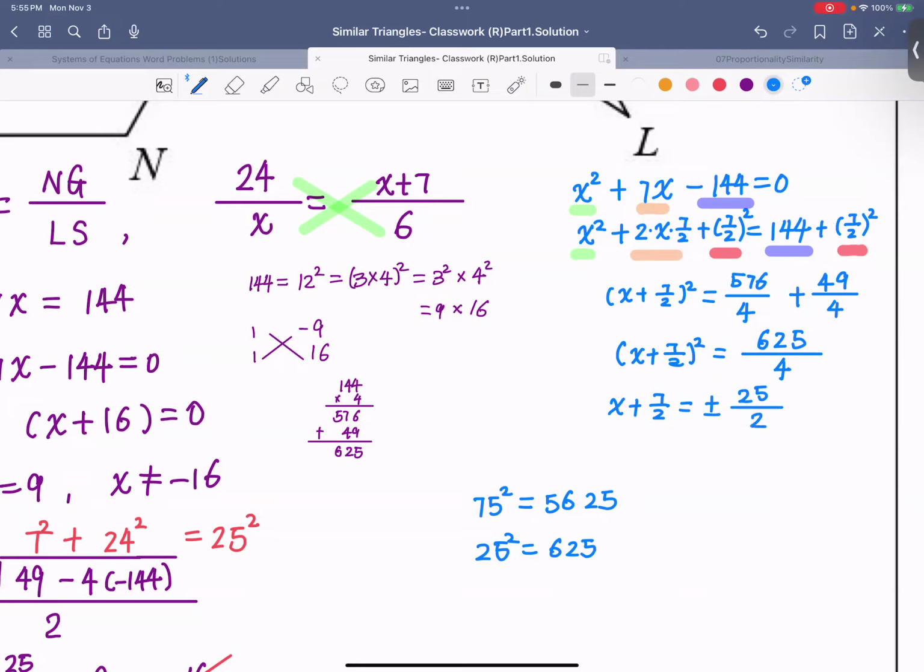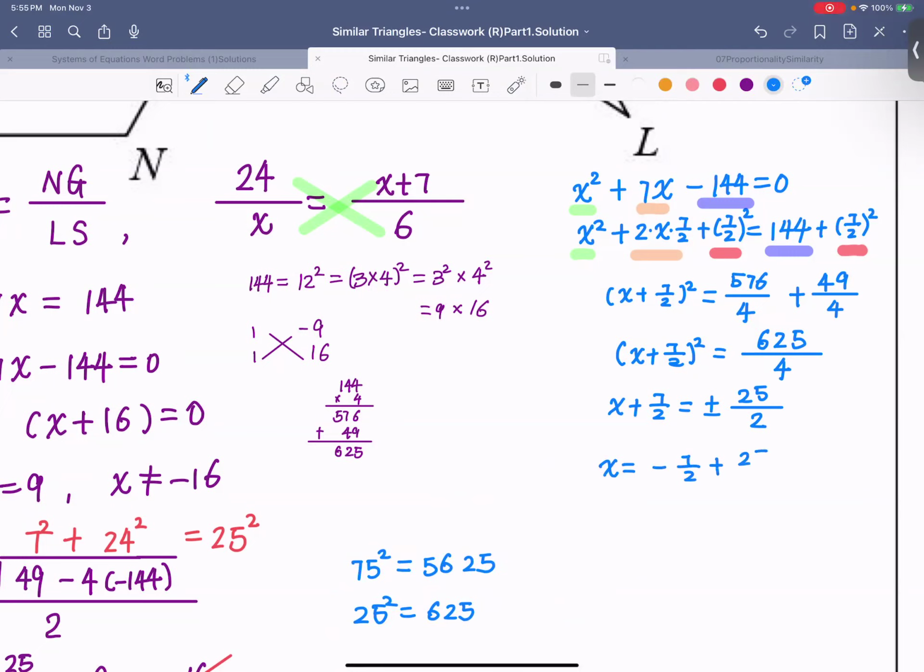Got it? Right. And then you just move 7 over 2. Yes, you have negative 7 over 2 plus 25 over 2, which is how much? You get 9 and negative 16. Yes, 18 over 2 is 9.